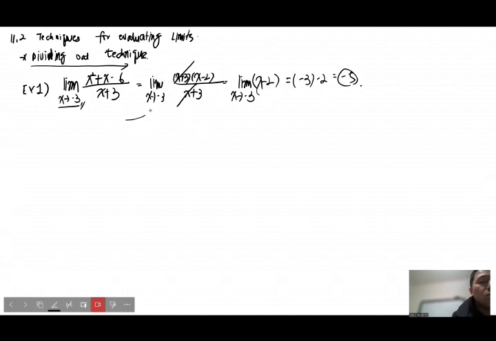Okay. Also, let's take a look at example number 2, to become more familiar with this technique, the dividing out technique.